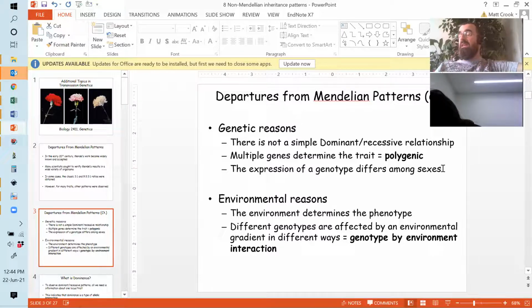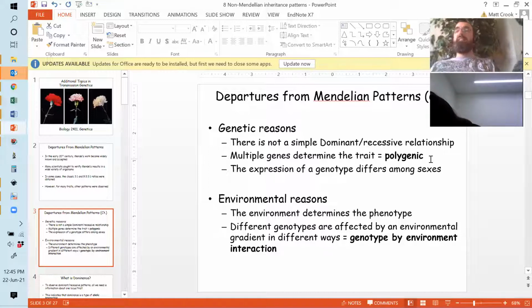Eye color is a classic example. It's a result of at least 4 different genes. What eye color you have is the sum of all of those different alleles. Also with polygenic traits, you can have funky stuff like gene by gene interactions, where those genes don't act independently. They influence each other.